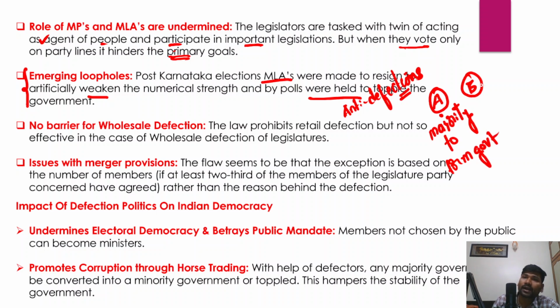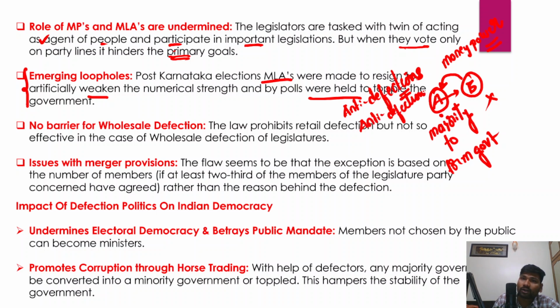However, political party B does not have the majority to form the government. Now in this context, political party B could use money power and attract some members from political party A. However, if members from party A directly join party B, they will be disqualified under the anti-defection law.